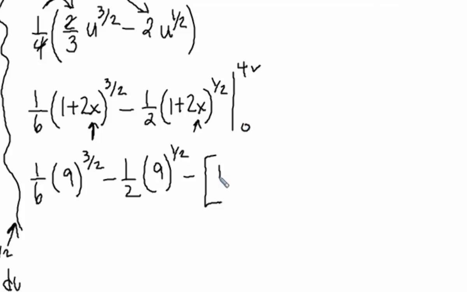Now we're going to plug in 0. So we'd have 1/6. And when we plug in 0, we'd have 1 to the 3/2, and then minus 1/2, and 1 to the 1/2.